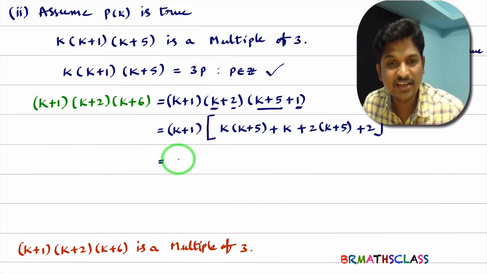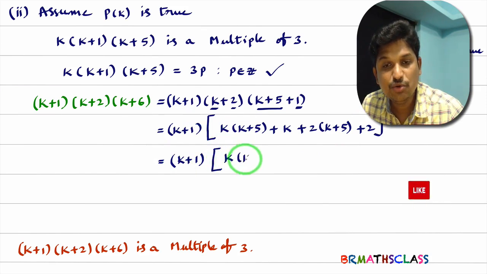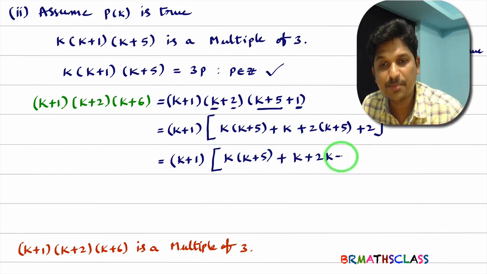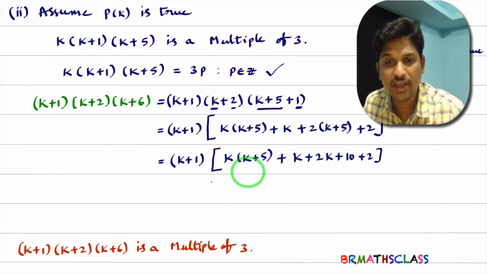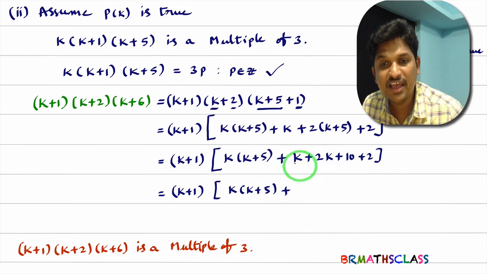Okay. That equals k plus 1 into k into k plus 5 plus all these things I'll simplify a little bit. 2 into k plus 5, that is 2k plus 10 plus 2. Okay. Now that is k plus 1 into k plus 5 plus, you see here, k plus 2k, that is 3k plus 10 plus 2 is 12.